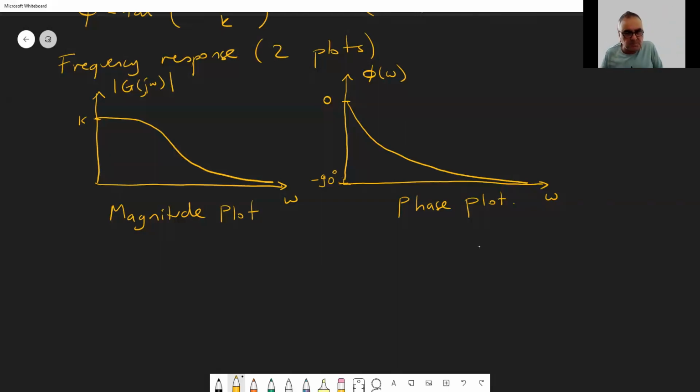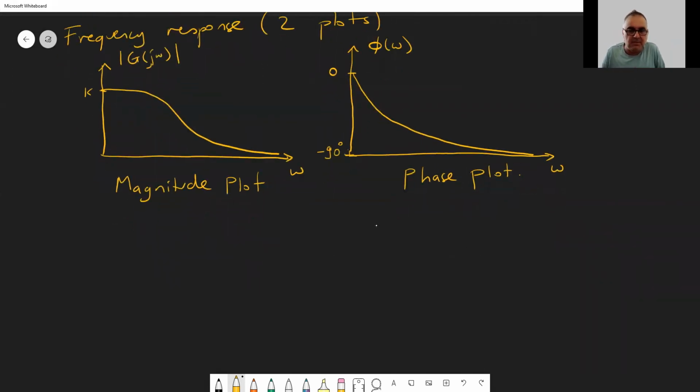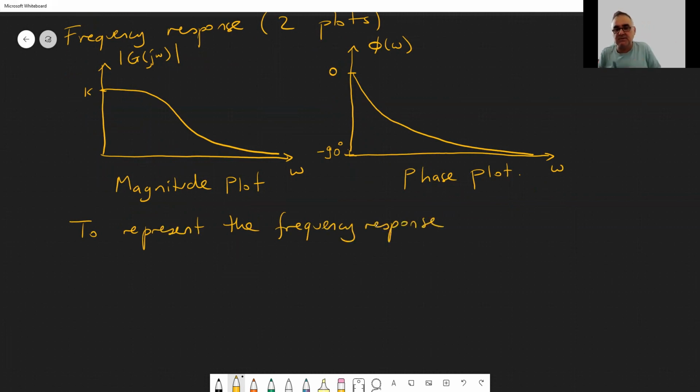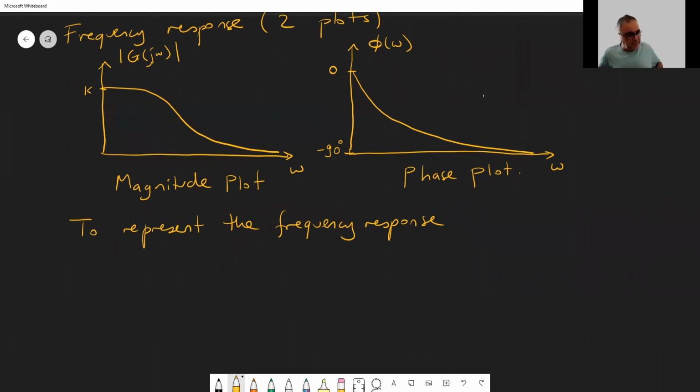Now, to represent the frequency response of systems, you have the following possibilities.